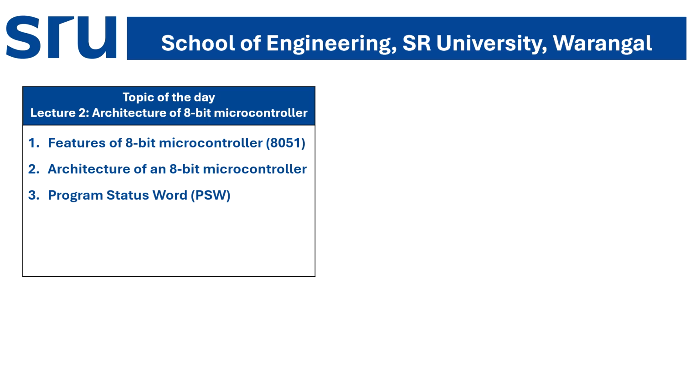Second, the features of the 8051 microcontroller, including its memory organization, timers, serial communication, and ports. And finally, we will understand the program status word, PSW, a very important register that keeps track of the processor's current state during execution.